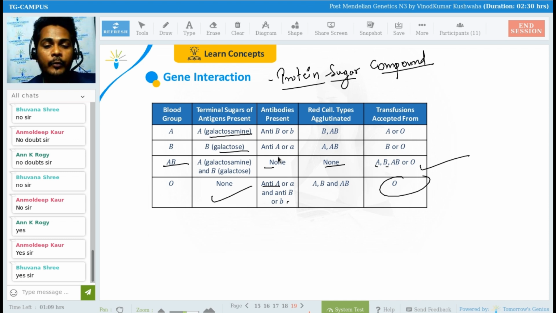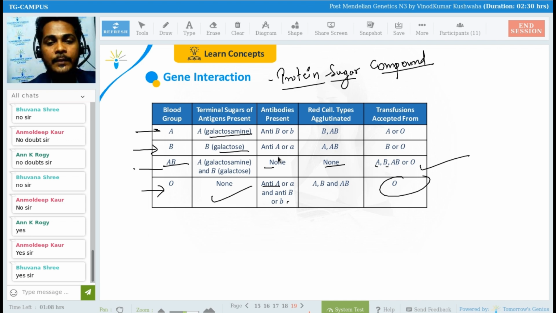So this is the chemical you need to remember, what chemicals are present on the surface of the antigen. If the blood group is A, they have galactosamine. B is galactose. AB has galactosamine and galactose, both together, and O is none. Clear? Yes, this is the chemical basis of ABO blood group.